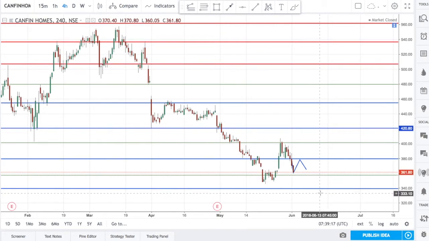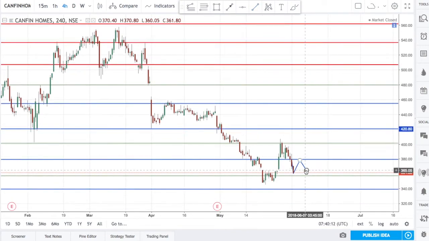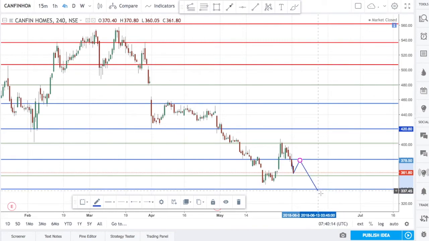If that happens, we have our setup complete, and once we have our setup complete, the next step is to see if we have any references such as the ABCD patterns, Fib confluences or RSI divergences to support our trade assumption. And once we have the setup and references to support our trade, then take the trade with this immediate support as our target.